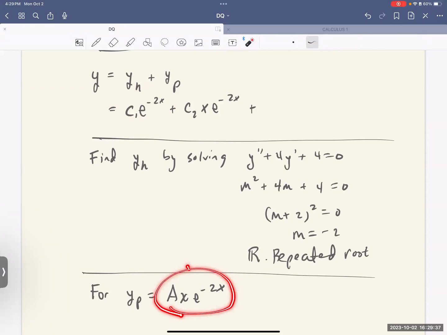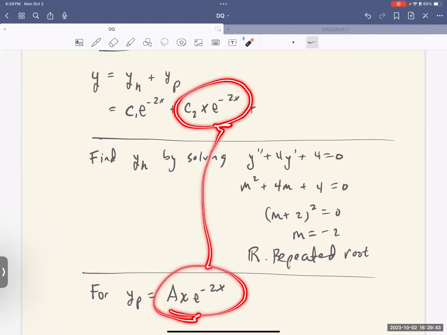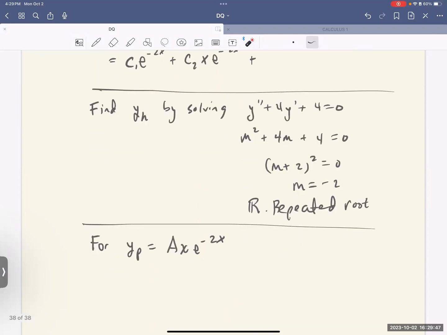This is now linearly independent with the first term, but your y sub p is linearly dependent with the second term, and that can't happen. But this is still linearly dependent with term 2.